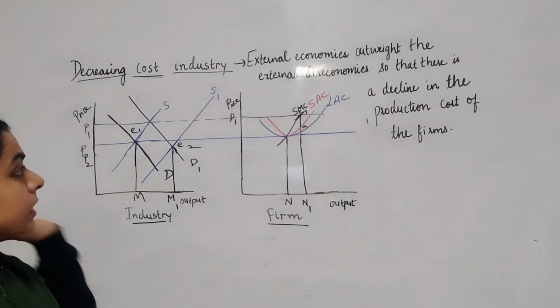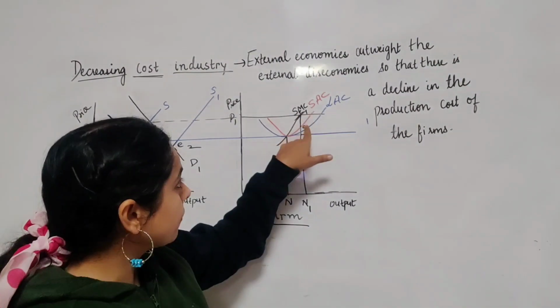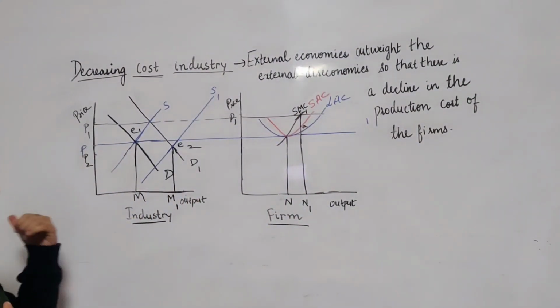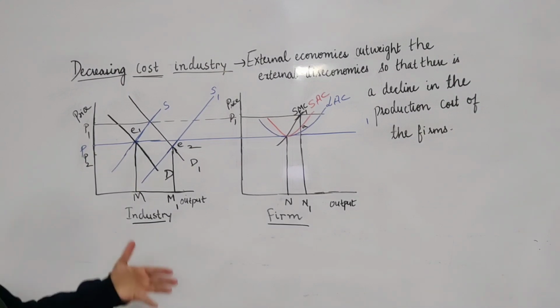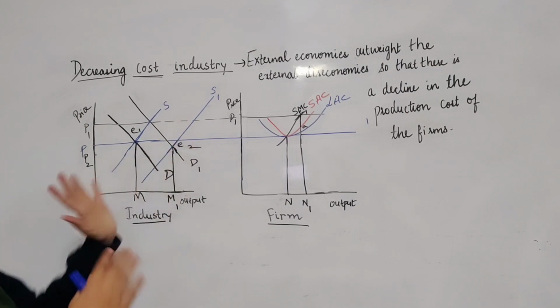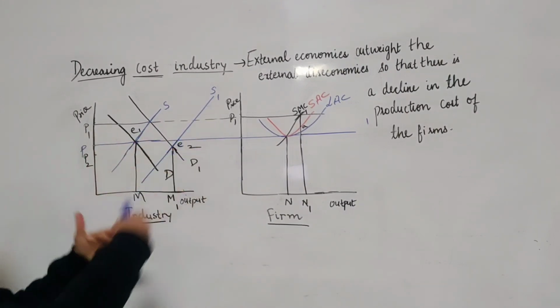Now at this price of P1, the firm is earning per unit profit of AE, and attracted by this excess profit, new firms will be entering the industry, and this will lead to increase in the overall market supply from S to S1.